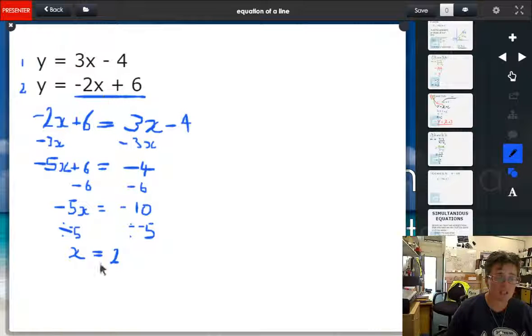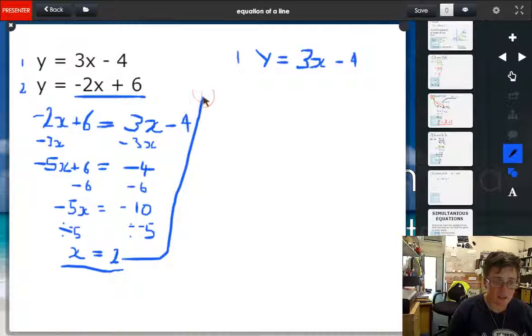So now we substitute x equals 2 into either of these equations. Let's substitute it into equation 1. Equation 1 says y equals 3x minus 4. We're taking this x that we've already calculated down here, and we're going to substitute it in for x in the equation here.